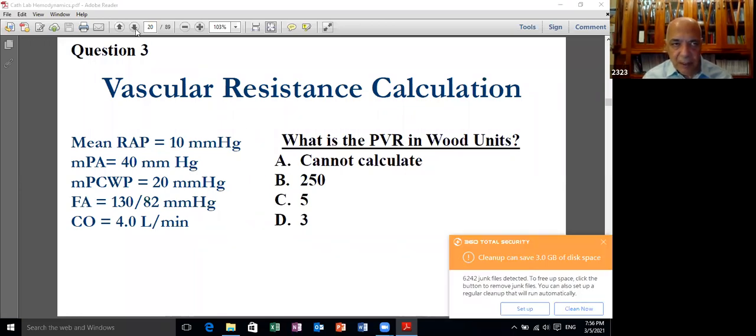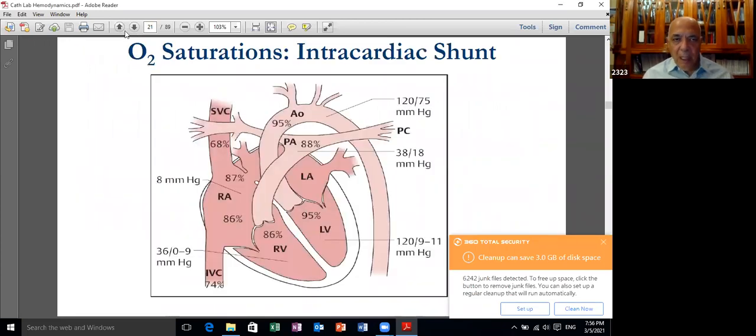Very easy. Now we shift to how to detect the shunts and how to calculate the shunts. Obviously, in modern medicine, we no longer measure the ratio between the pulmonary blood flow and systemic blood flow, because we know that for the shunt to be significant, you ought to get a significant chamber enlargement.